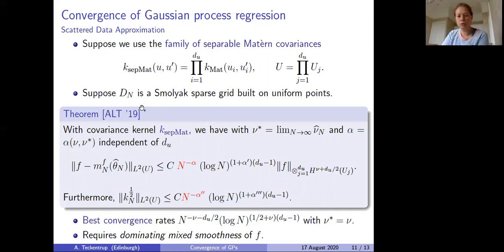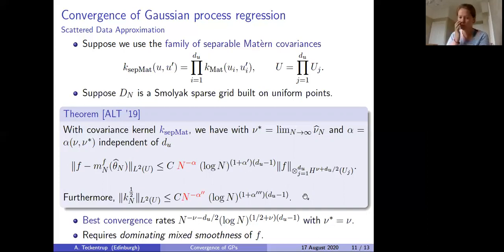Then if you choose your design points or interpolation points as a sparse grid, then you can show that you get convergence rates which are dimension independent up to the log factor. Right? So then you can show that for this here, for example, you get a rate that is independent of the dimensions. The alpha here only depends on the smoothness and the estimated smoothness. It's independent of the dimension, but you do get the dimension coming in through the log factor here.